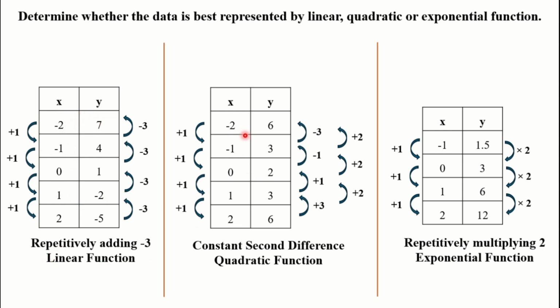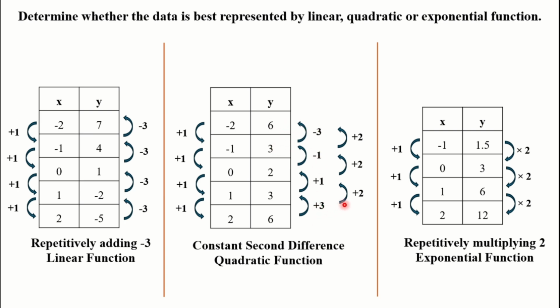Another example, x and y values are given. From the difference between the values of output we can predict. Okay, this difference: 6 minus 3 is 3, 3 minus 2 is 1, 2 minus 3 is minus 1, 3 minus 6 is minus 3. Not the same difference.